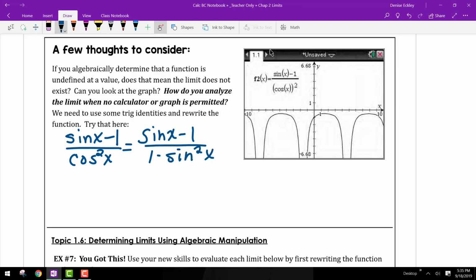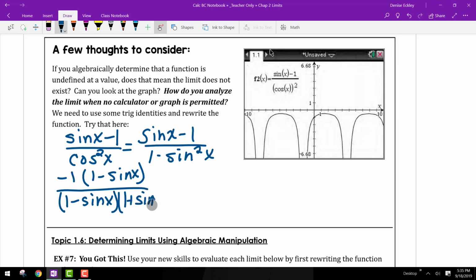Then I'm going to factor, and at the same time in the numerator, I'm going to factor out a negative 1. The denominator factors into 1 minus sine x times 1 plus sine x. Now I can cancel the 1 minus sine x, so our function can be simplified to negative 1 over 1 plus sine x.